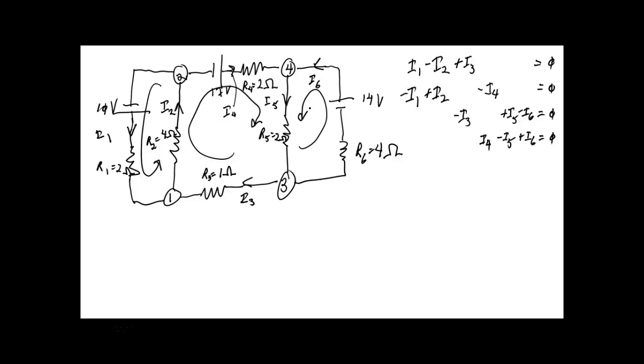Let's see if our currents are agreeing. 1's going positive, 2's going in the right direction up here, 4's going in the right direction, 5's going in the right direction, 3's going in the right direction, 2's going, yeah, that looks good there. Up here, I6 seems to be going right, I5, they look like everything is heading in the right direction to me, but who knows, I may be wrong.